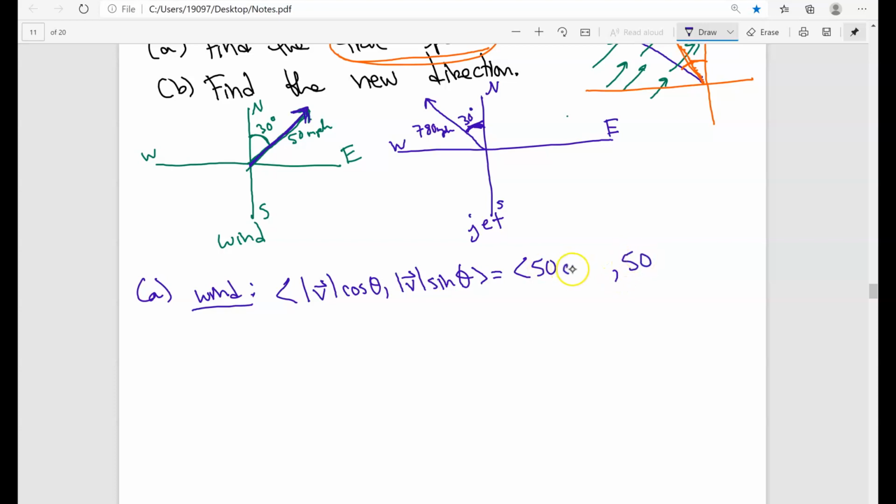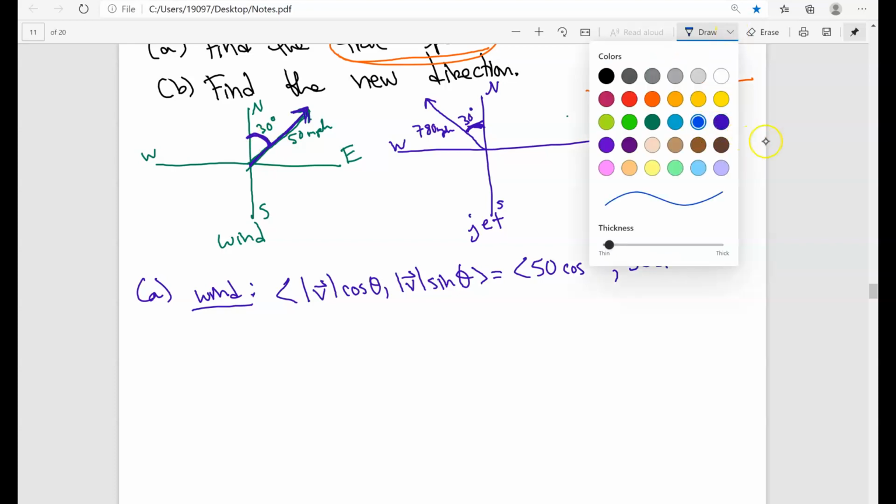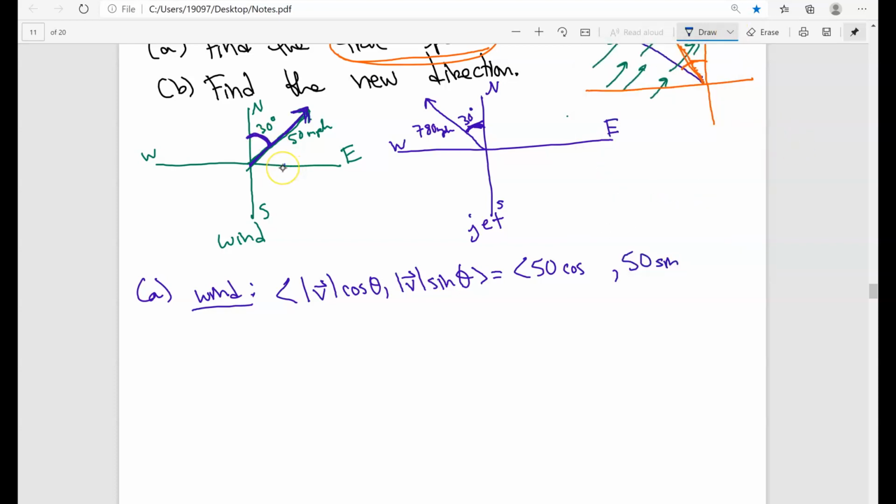Now we need to figure out the direction. Be very careful, because the 30 degrees is the bearing. We do not want these 30 degrees. What we want is the angle that you make with the positive x-axis, which is this one. If this is 30 degrees, the other one should be 60 degrees. So the angle is going to be 60 degrees.